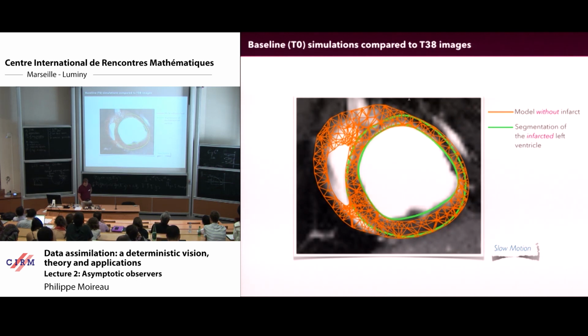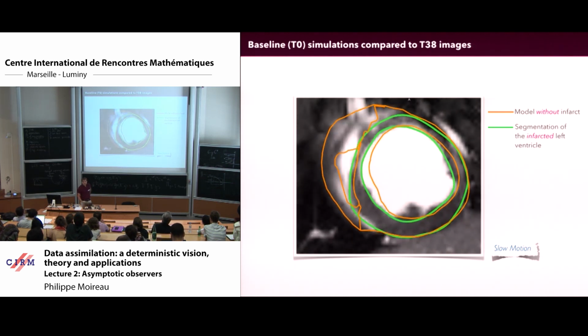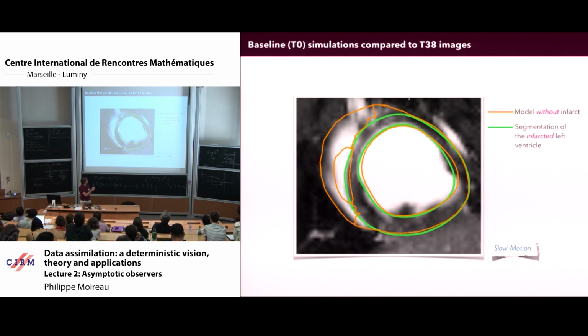And in yellow, it's the direct simulation. And you see now a huge difference here, because it seems to not move, because there is an infarct. When you show that to a medical doctor, he says, you put 10 years of your life trying to show me that you have an infarct here, and I see it directly, okay? But anyway.